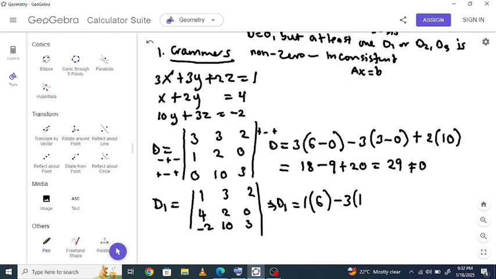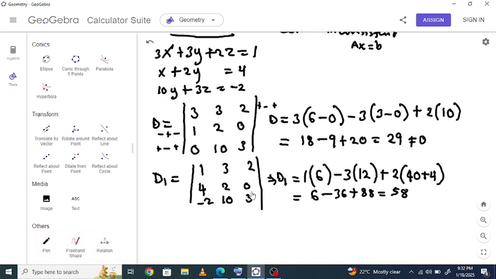We will have 12 minus 0, which gives us 12, plus 2 into, we block the first row and the last column, we'll get 40 minus 4, which is 40 plus 4. Now our values will be 6 minus 36 plus 88, which will give us 58. Now our D1 is 58.